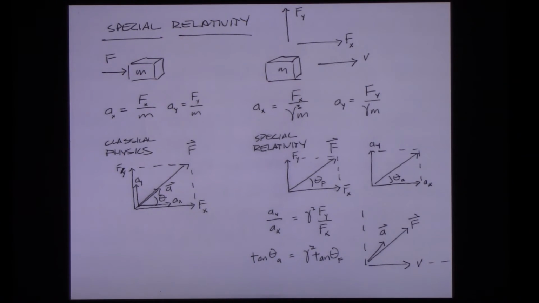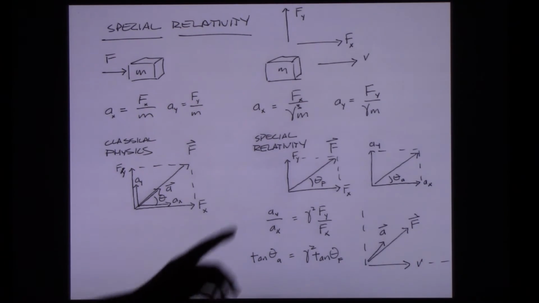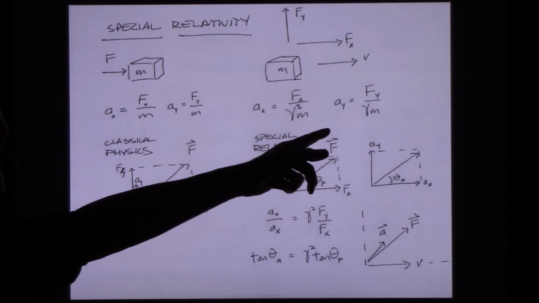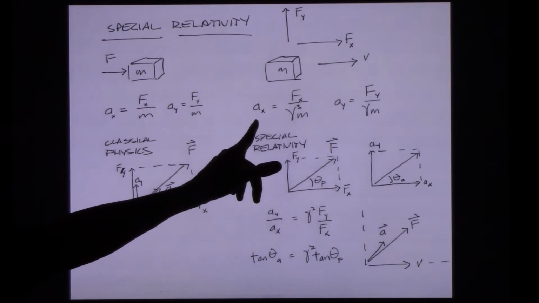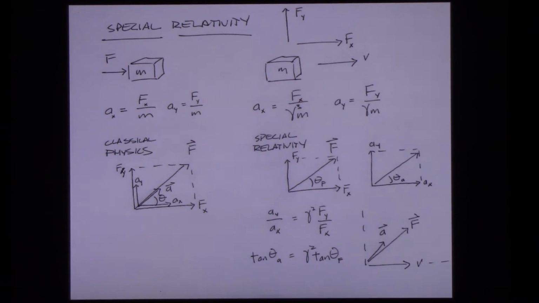Now that's interesting, I guess, that the acceleration formulas are different if we're thinking of components of the force and components of acceleration. I can look at the components of the force, x and y, and they result in components of acceleration that don't match up.